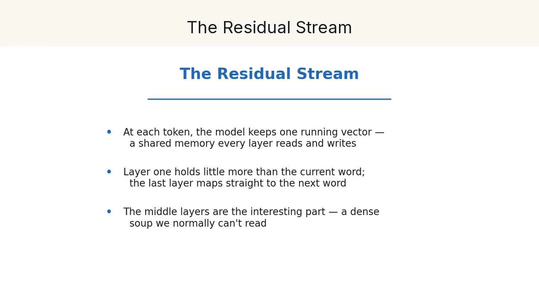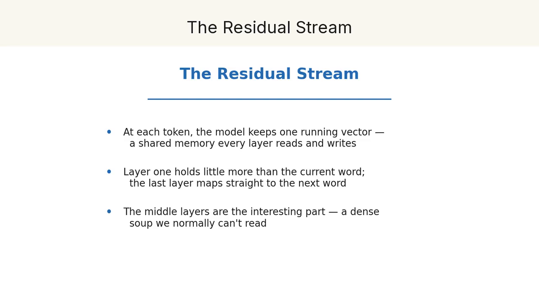Start with the one structure everything hangs on, the residual stream. At every token position, a transformer carries a single running vector, and you can think of it as a shared scratchpad that every layer both reads from and writes to. At the very first layer, that vector barely knows more than which word is sitting there.